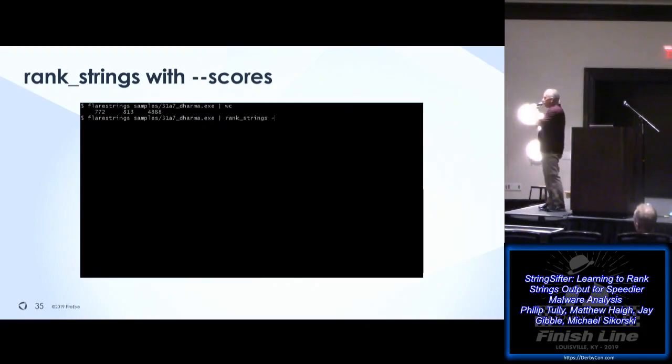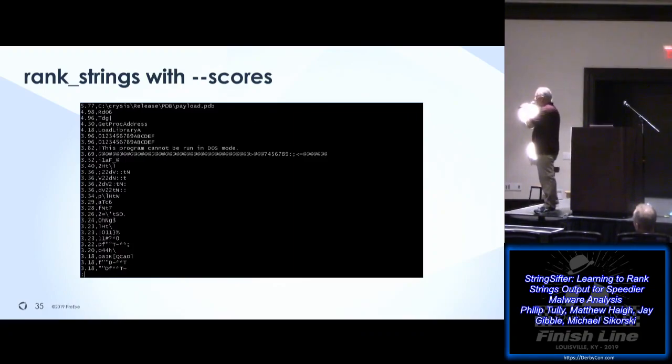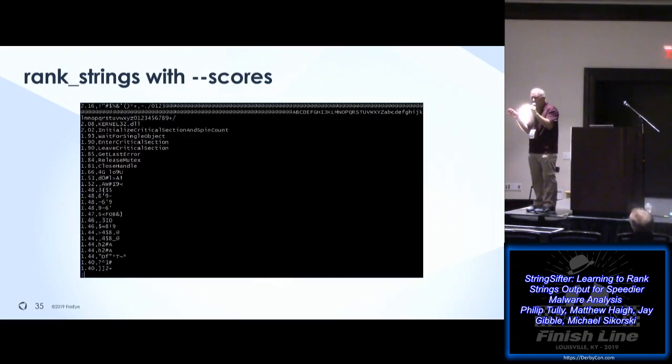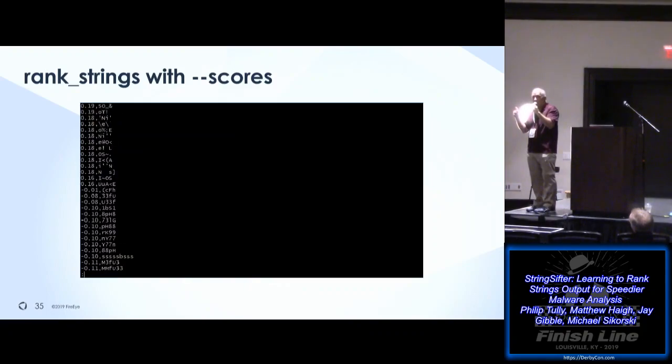If you use --scores, which is aliased to -s, it'll just give you the little numeric score associated with the features, so you can see how hot the information is. So this one is a sample of Dharma malware. It's a ransomware sample, but it's obfuscated. So there's only two visible imported APIs.